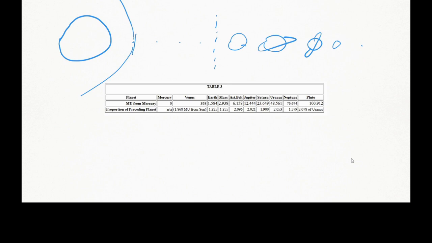And obviously now an MU is still the standard, but we're going to start Mercury at 0 MUs from itself.